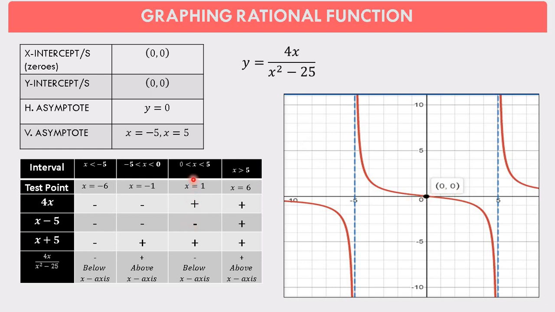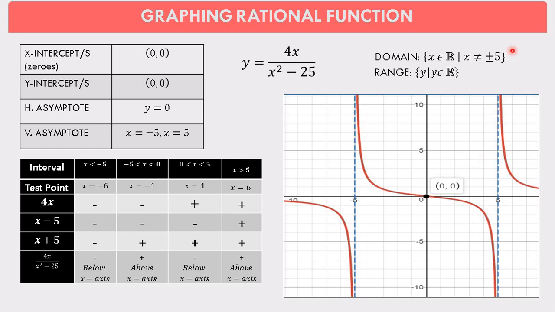Then between 0 and 5, below the x-axis. Then you will reflect this one into this. Okay? So x greater than 5 is above the x-axis. So this is the graph of y equals 4x over x squared minus 25.